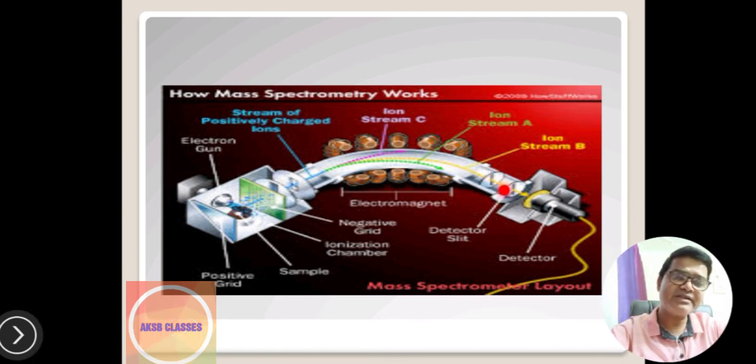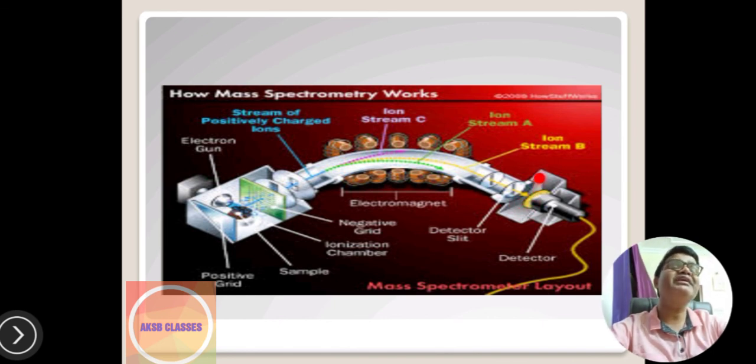On the basis of mass by charge ratio, it will separate the protein or any biomolecules. The detection unit gains the signals through the amplifier, because it will amplify the signals in the form of mass spectra, and the software will analyze the mass spectra and determine the molecular weight.